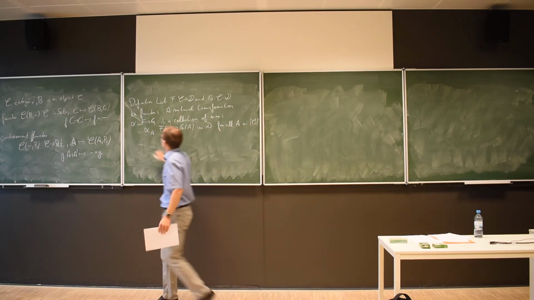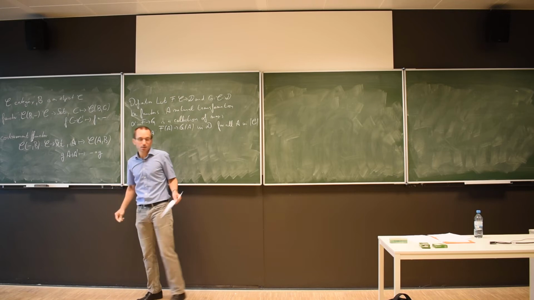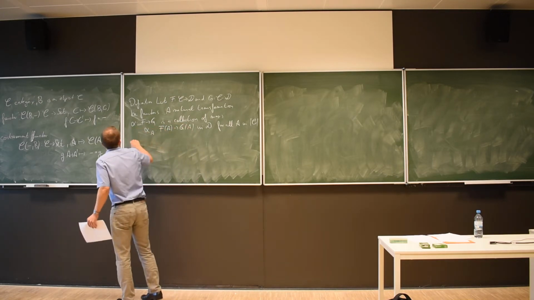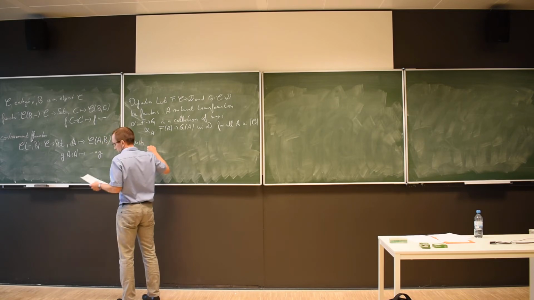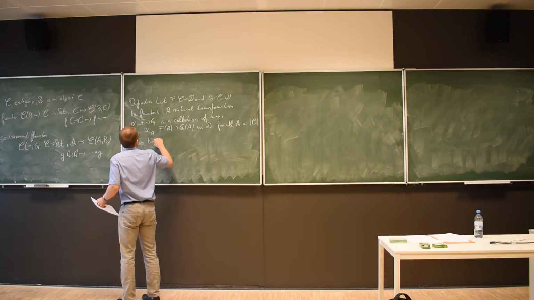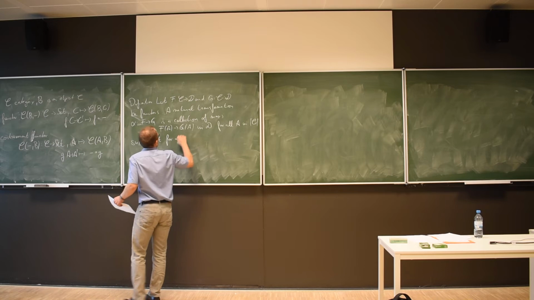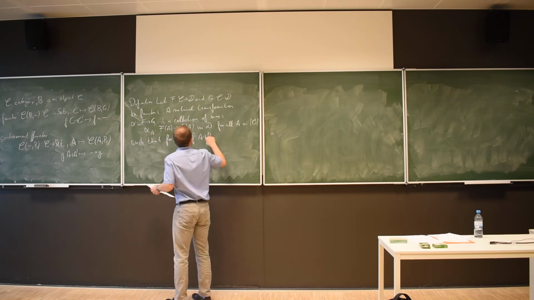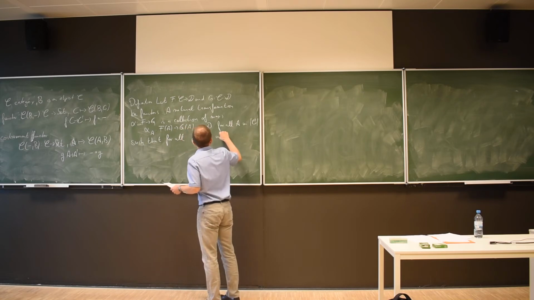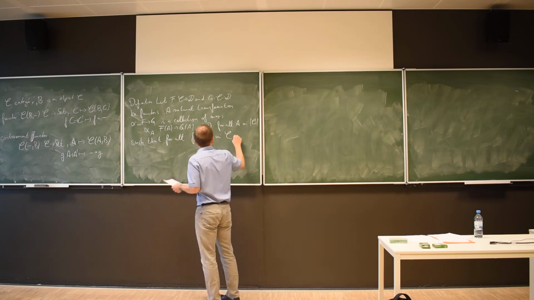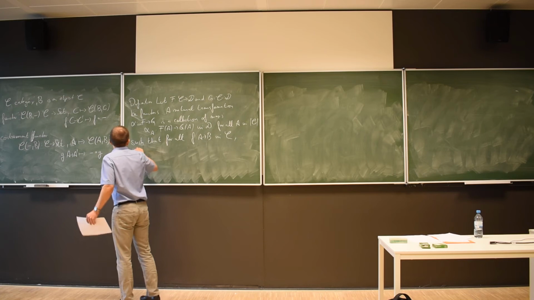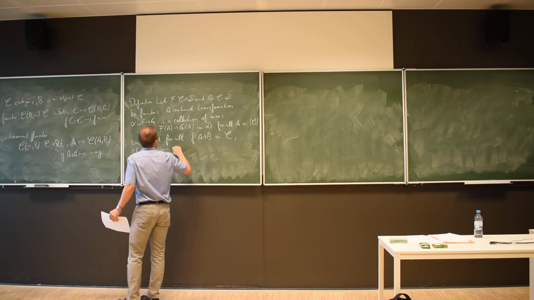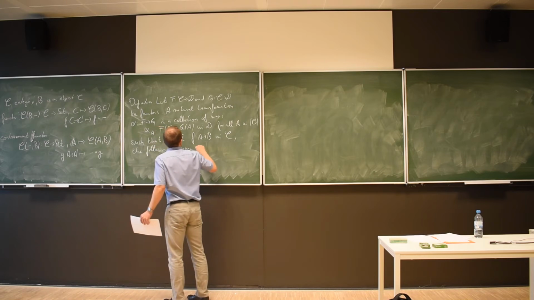And now we require a compatibility with the composition that works as follows. We require that for all morphisms f from A to B in C, the following square commutes.